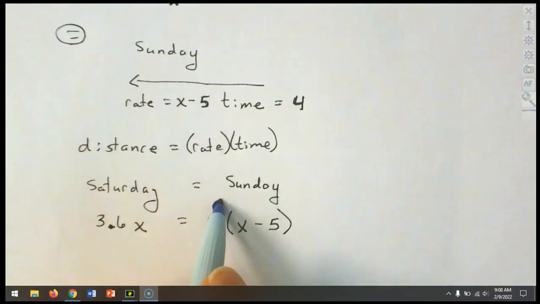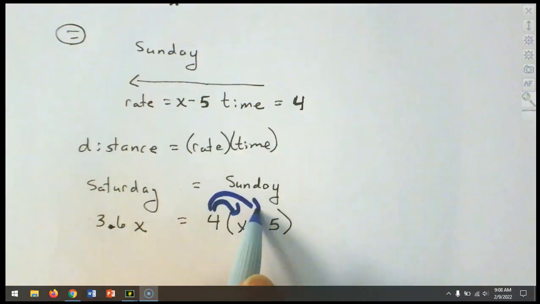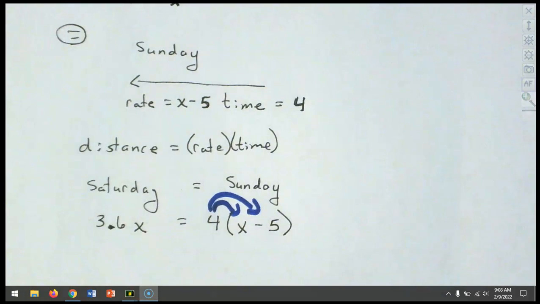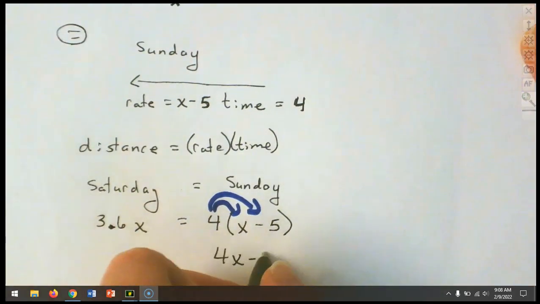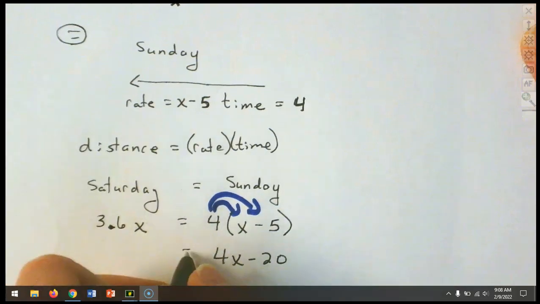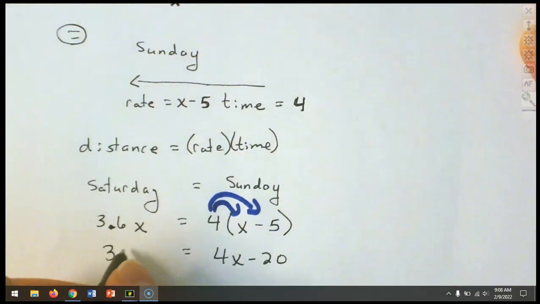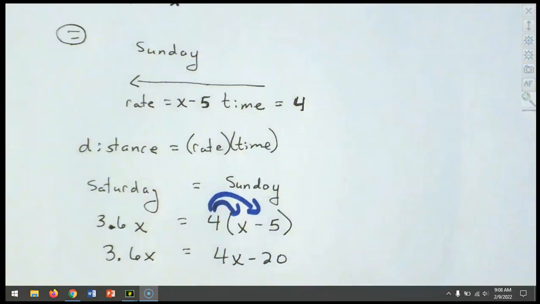Let's go ahead and solve this out. So distribute that 4 through. That's going to be 4x minus 20 here. On the other side is your 3.6x. So that's what we've got there.